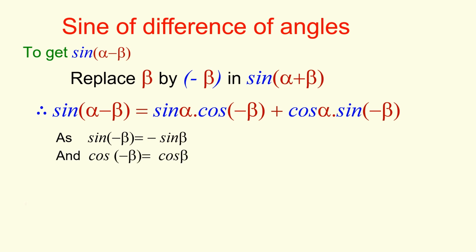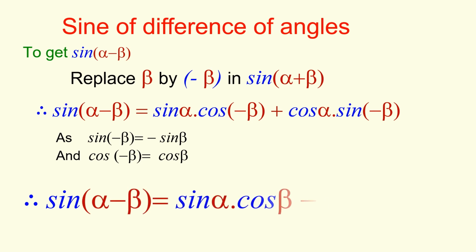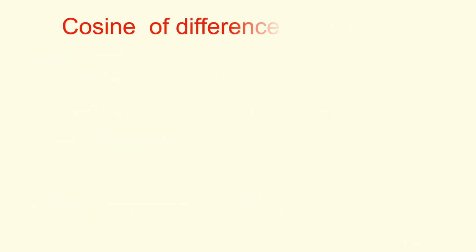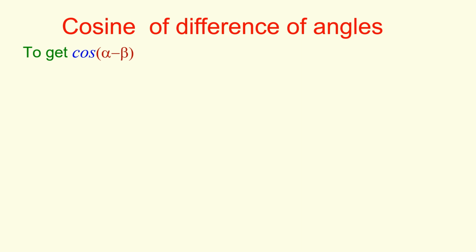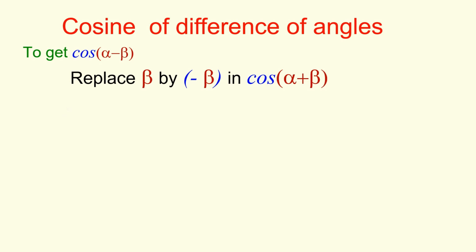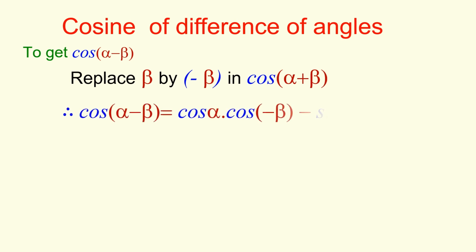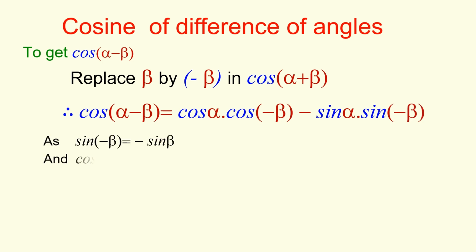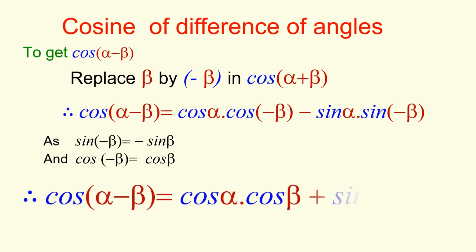Therefore, sine alpha minus beta equals sine alpha into cos beta minus cos alpha into sine beta. Cosine of difference of angles. To get cos alpha minus beta, replace beta by minus beta in cos alpha plus beta, as we know that sine minus beta equals minus sine beta and cos minus beta equals cos beta. Therefore, cos alpha minus beta equals cos alpha into cos beta plus sine alpha into sine beta.